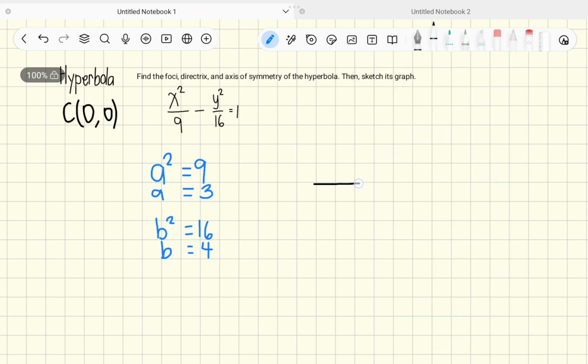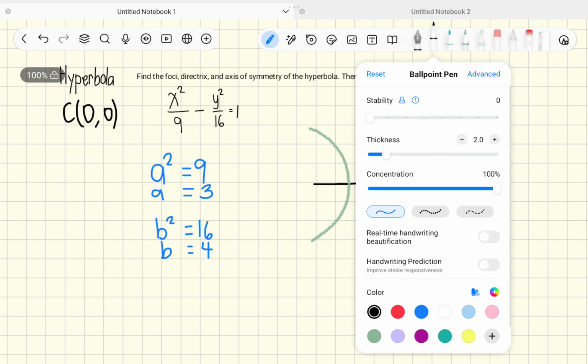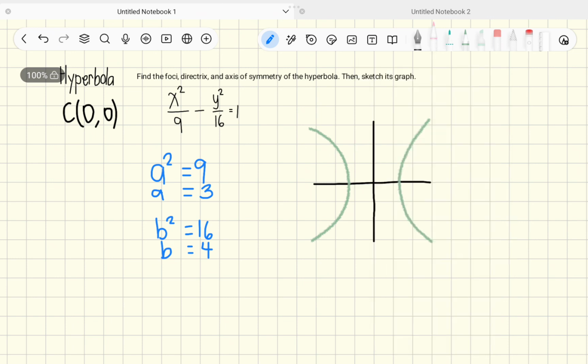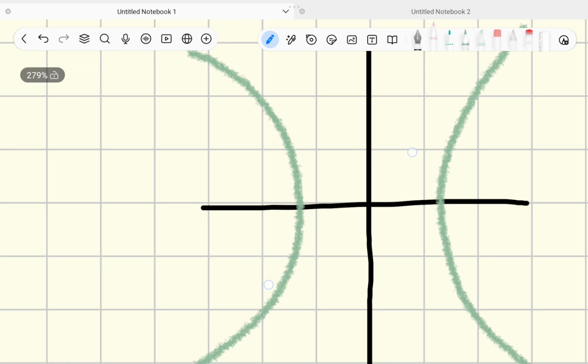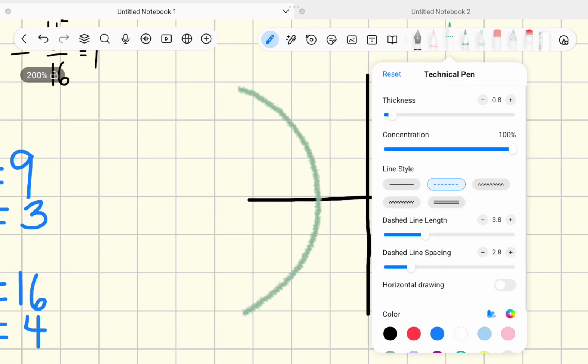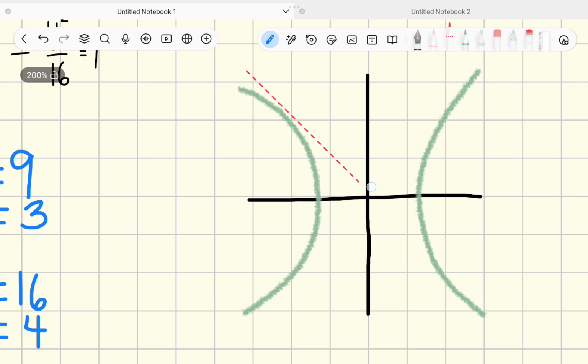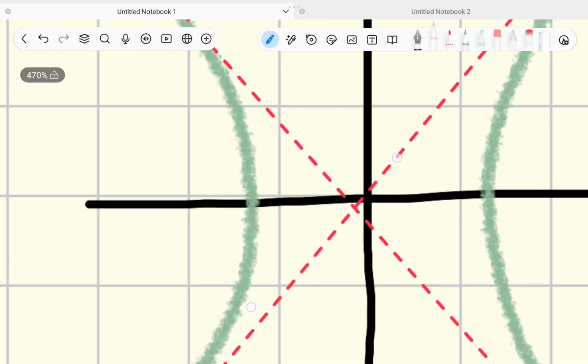If this is your hyperbola, for instance, and you form a right triangle somewhere in between. We know that it has the asymptotes, approaching but never meeting. Then there is a formation of a right triangle here.